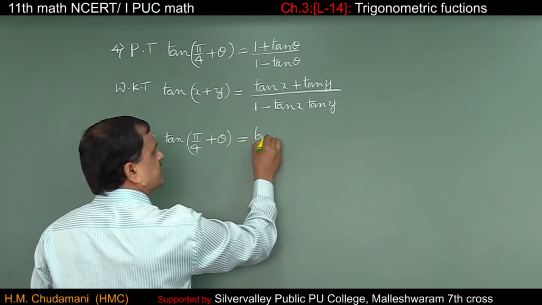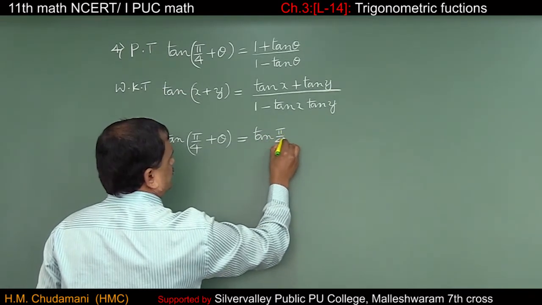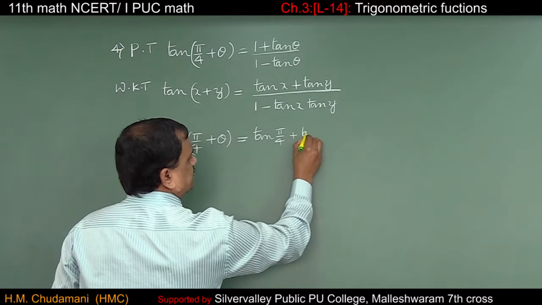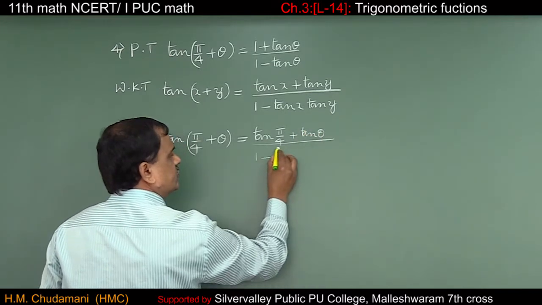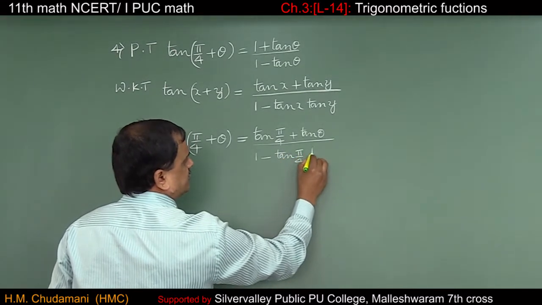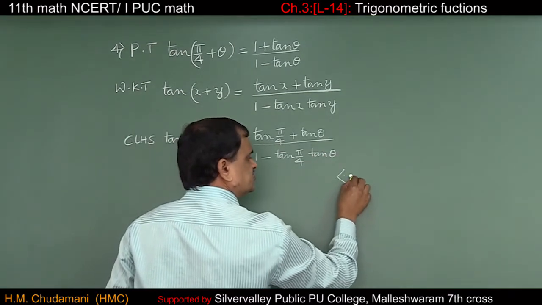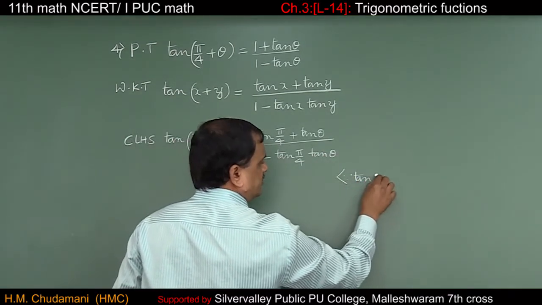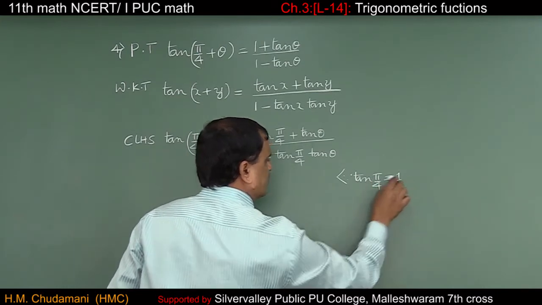X is pi by 4, y is theta, divided by 1 minus tan pi by 4 into tan theta. We know that tan pi by 4, tan 45 degree is equal to 1.